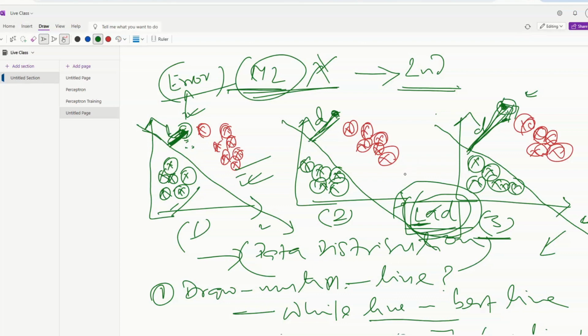How can I measure that? This loss function is doing that measurement according to distance. If the distance is less, the loss will be less, and that will be the best fit line.